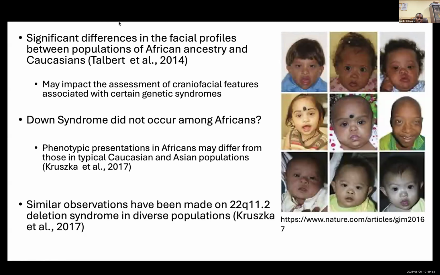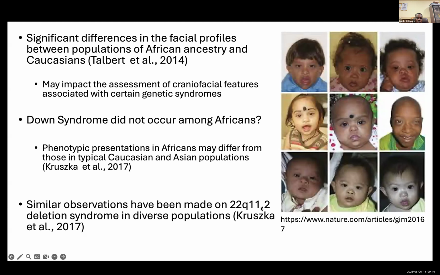There were days when people thought that probably Down syndrome did not exist among Africans. And it was probably because of the facial profile of Africans, so it was very difficult for us to pick up Down syndrome in different individuals, for example, in a typical African. So if we are not very conversant with that, we may not see this as Down syndrome.